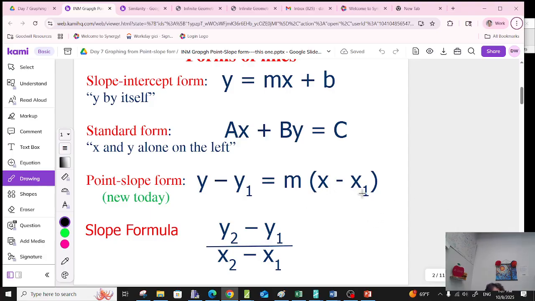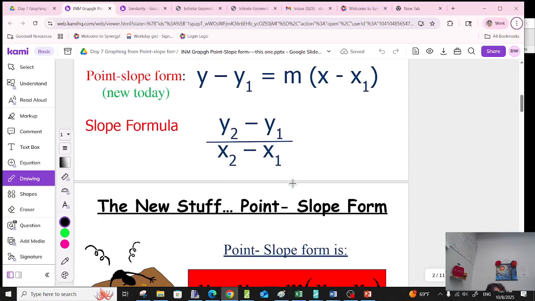You have x and then another number. This x1, y1 is a point that's going to be on the line. That's why it's called point slope form. You're going to be given a point and you're going to be given slope.